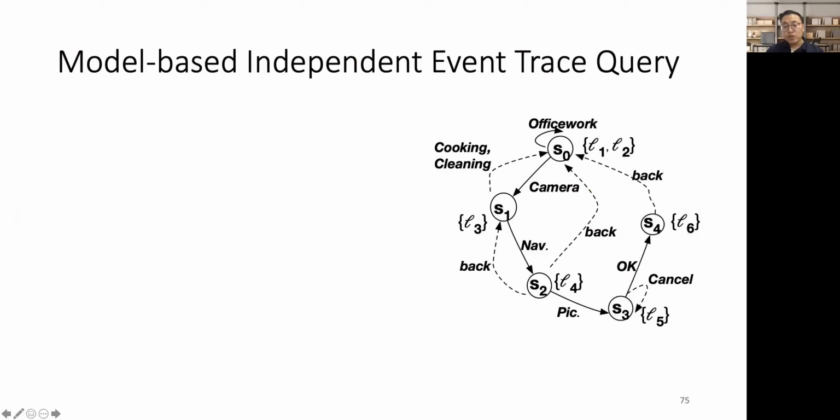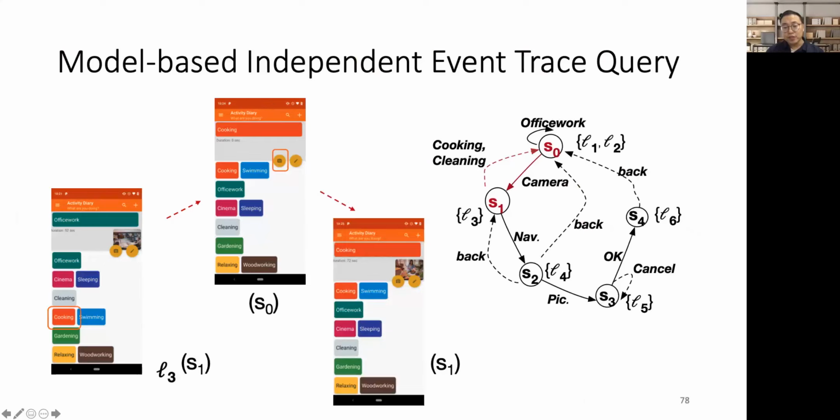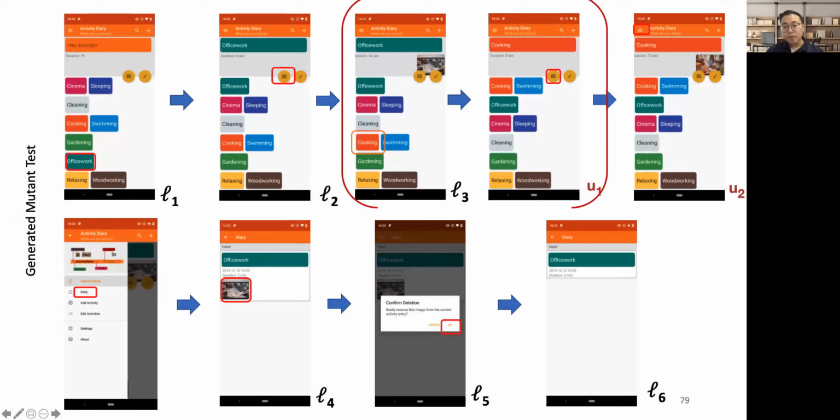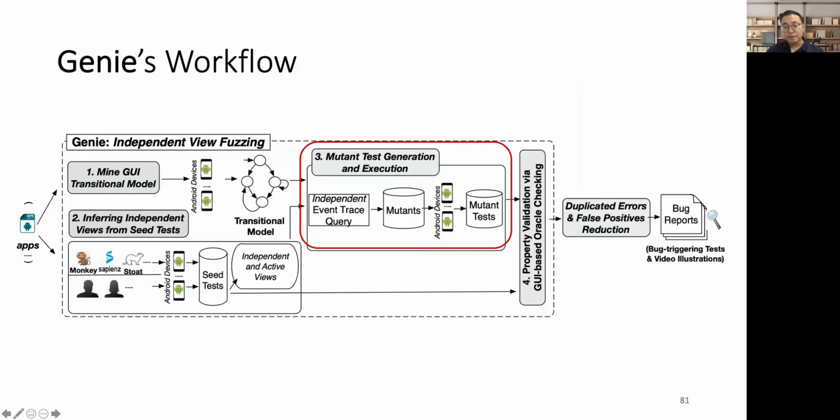You may be curious about how Genie can find such an independent event trace. In fact, Genie queries the transitional model to find such an independent trace. In this way, the generated mutant will be dynamically executed on Android devices to generate the concrete mutant test.